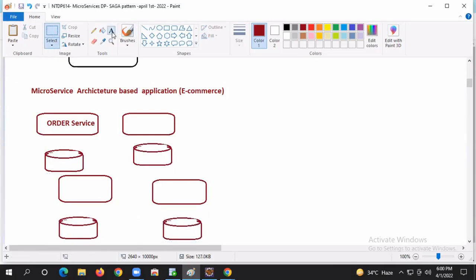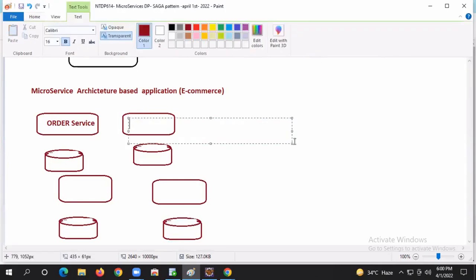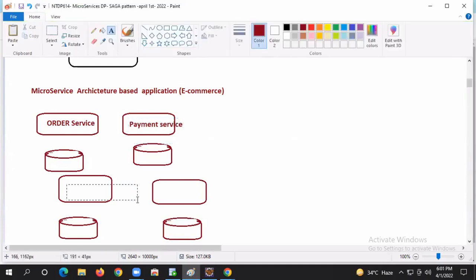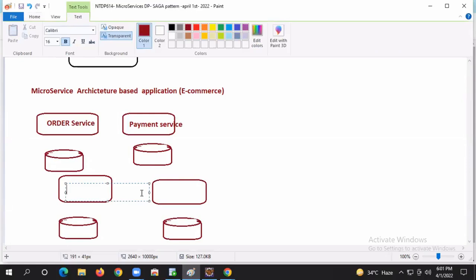Here is my order service. Here is my payment service. Here is my inventory service.